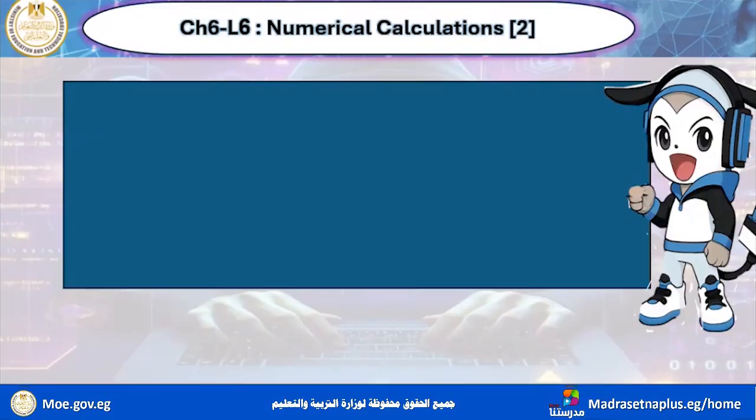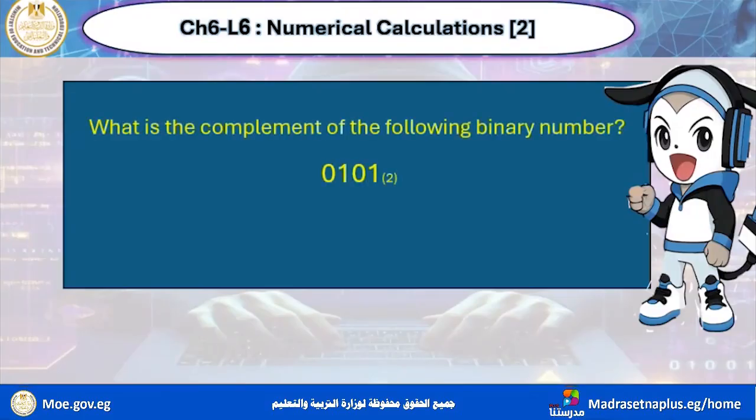Now another example. What is the complement of the following binary number? 0, 1, 0, 1. Okay, can you do it? Yes, invert please. Each 0 to 1 and each 1 to 0. 1, 0, 1, 0. Is it enough?